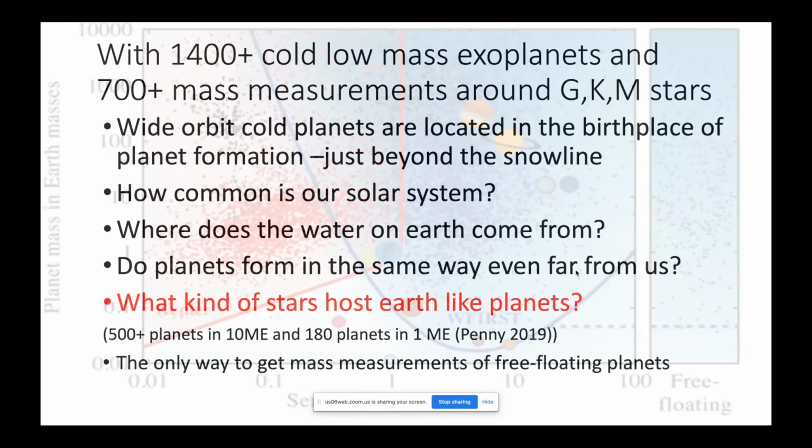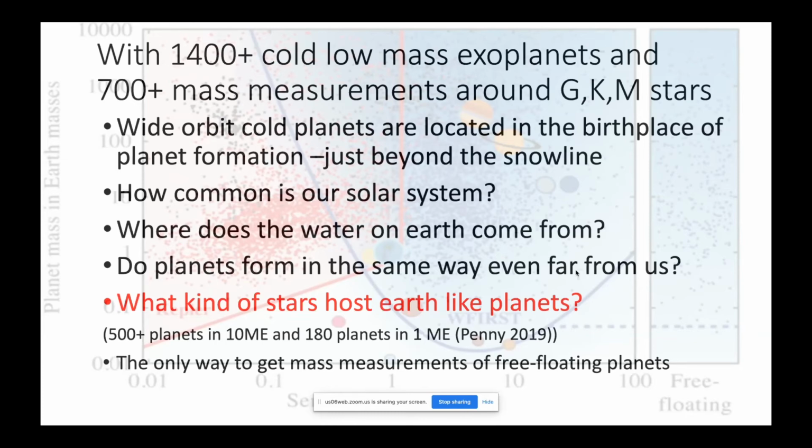With all of that, we are hoping to get 1,400 plus cold low mass exoplanets, 700 plus mass measurements around GKM stars, and learn way more about planet formation, not just nearby but also far from us, and what kind of stars would host different types of planets, especially Earth-like planets.